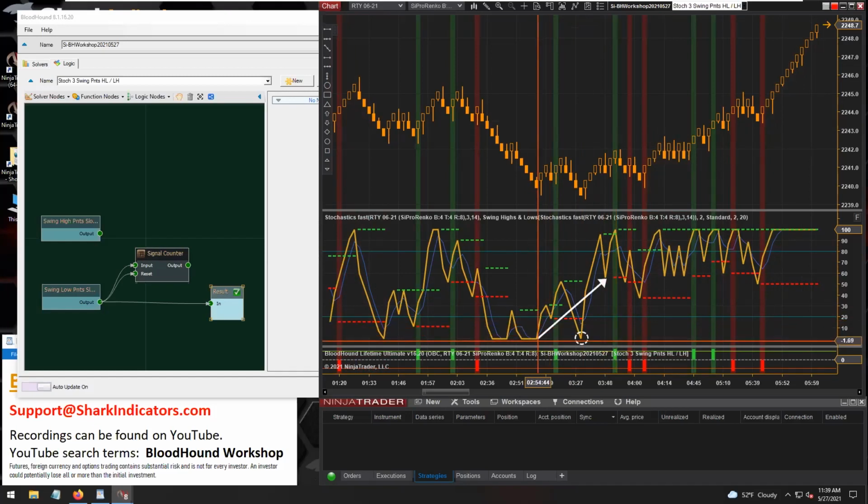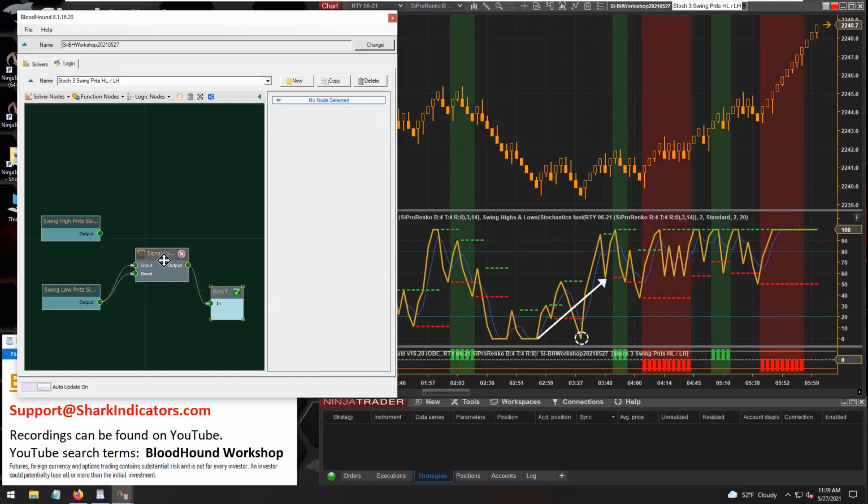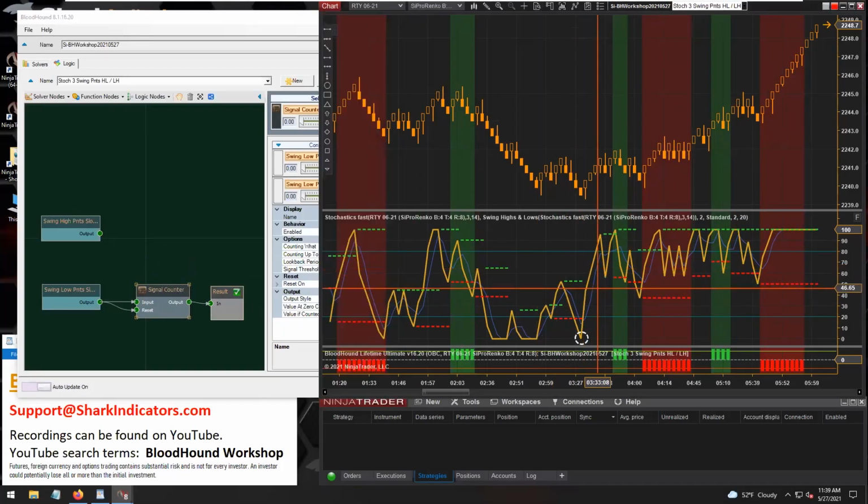So it's counting 1, 2, 3. Due to the swing indicator, we're missing the reset there. So, something to be aware of. And we also have some swing lows stepping down as well.